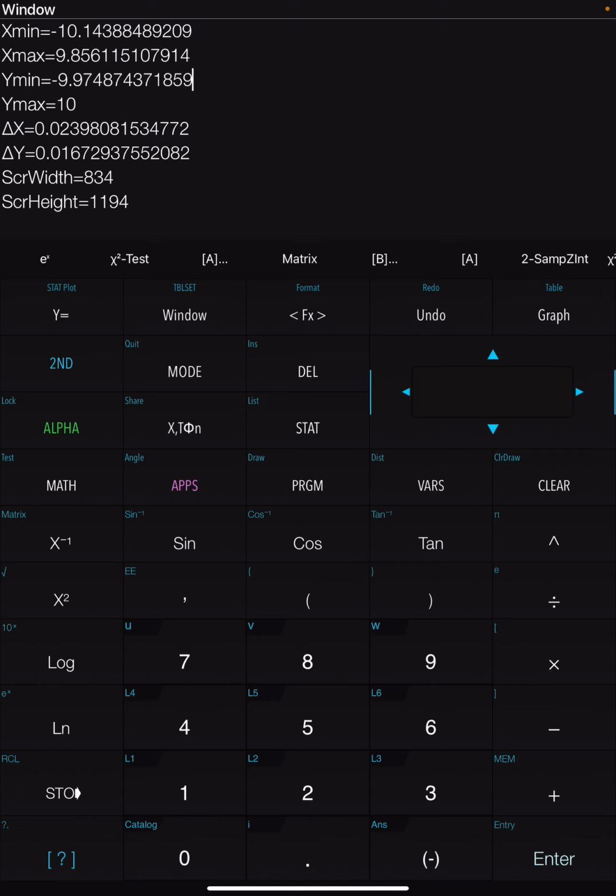You know what? All right, I'll just use my actual calculator.